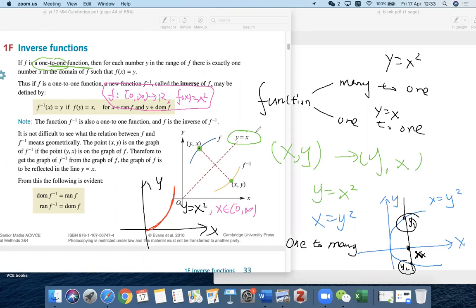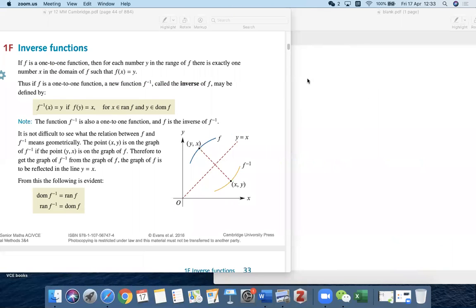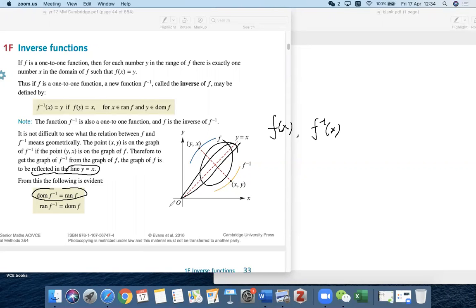So that's the basic idea of inverse functions, and you need to remember it because we practice for the final year exam. We have three properties we have to remember. First, f(x) and its inverse function are symmetric, or we say reflected in the line y equals x. The second property is about domain and range: the domain of f(x) is the range of the inverse function.